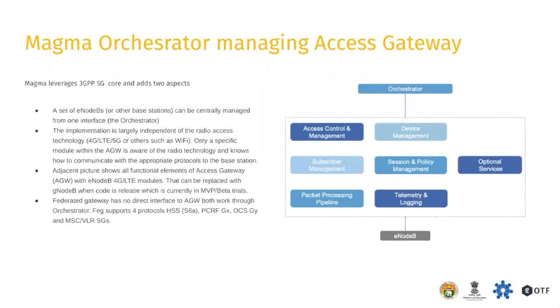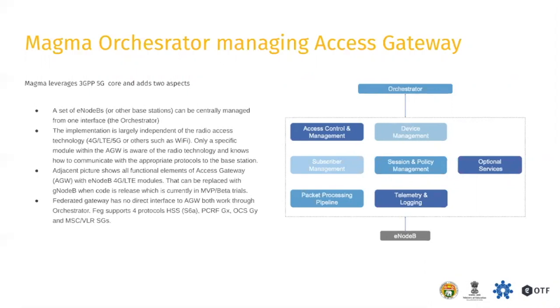So eNode B is the entry point. And then you have all the EPC, which is connected, and thereby all the packet core functionality is performed, whether it be in 4G LTE or in the 5G aspects of it.